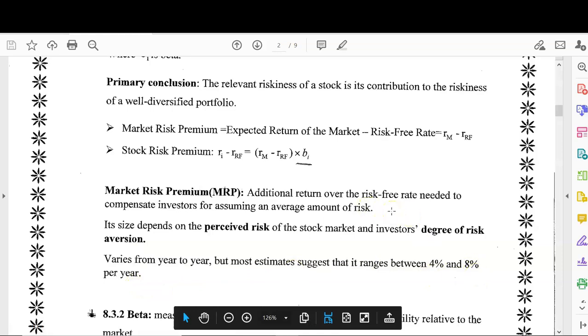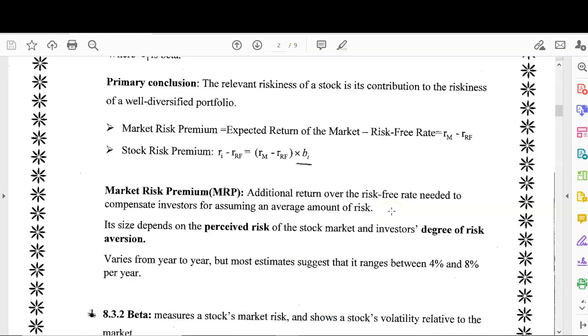Okay. So you can treat market portfolio as a financial asset as well, right? And we talked that bond risk premium is the excess return of the bond over the risk-free asset. Okay, bond risk premium is bond return minus risk-free rate. So stock risk premium is stock return minus risk-free rate. Market risk premium is market return minus risk-free rate.